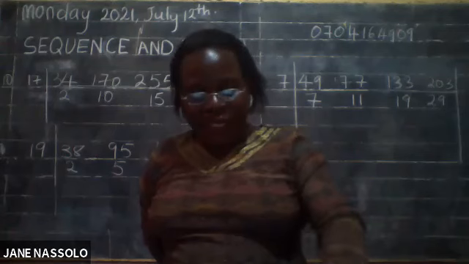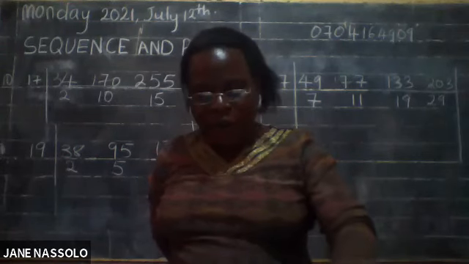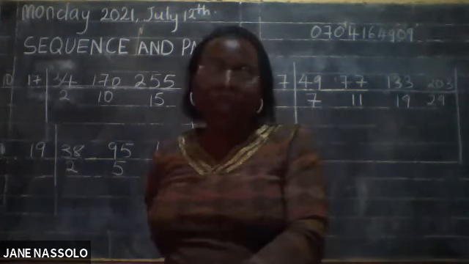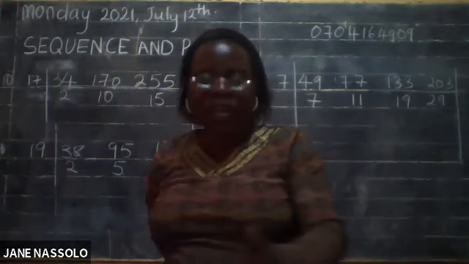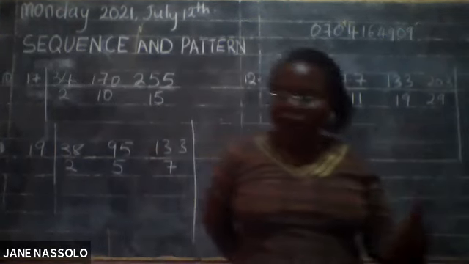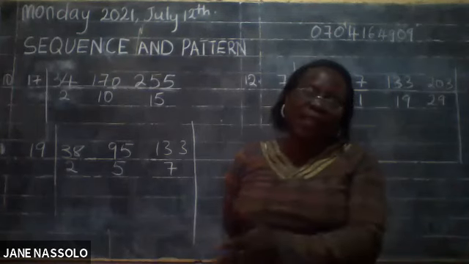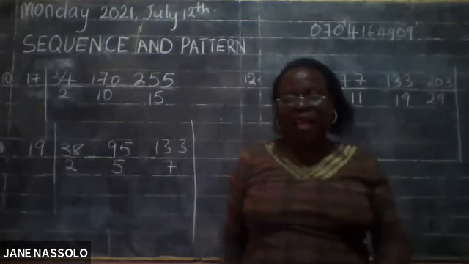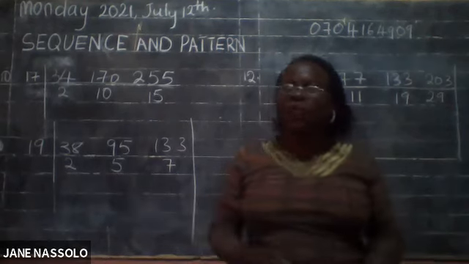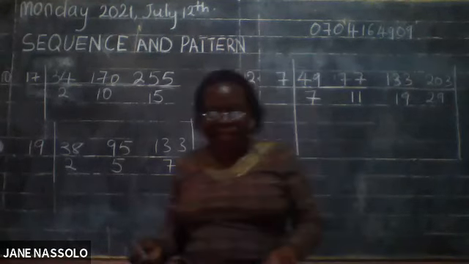Finding the next term. So that exercise I gave was more of this subtopic where we're supposed to describe the general rule of finding the next term. Of course, there is a pattern. When you look at the numbers given, there is a pattern, and that helps you to find the next number.